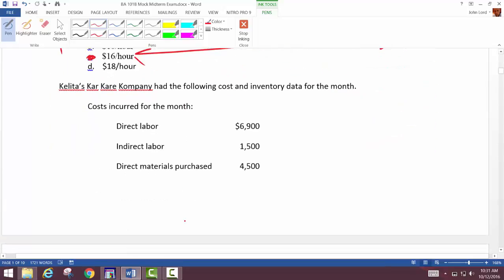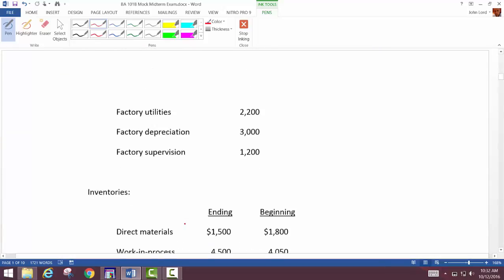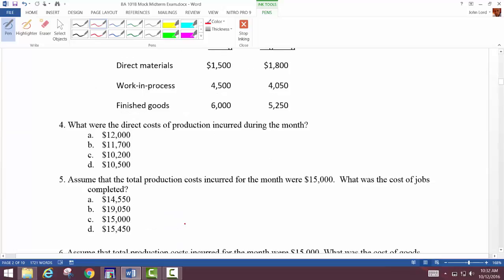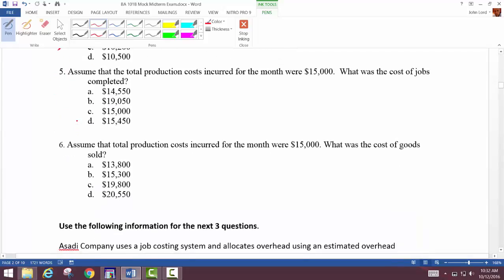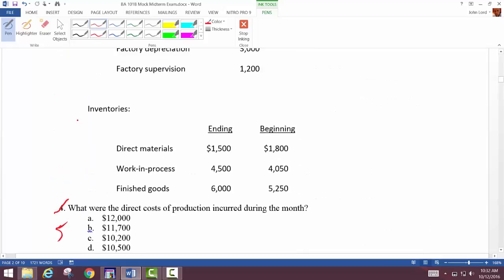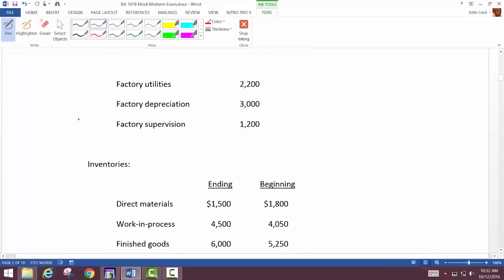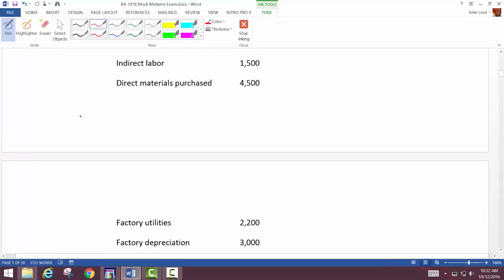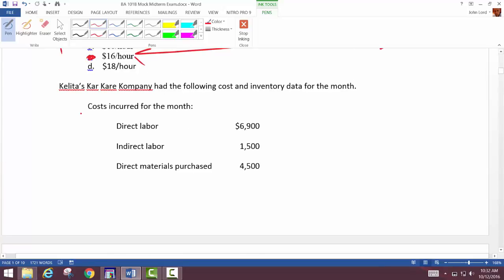Okay? Okay, good. Let's take a look at this one now. This is going to be number 5, and it leverages off of this set of information. We want the direct cost. When we look at our direct costs, we know they are direct materials and direct labor, right?